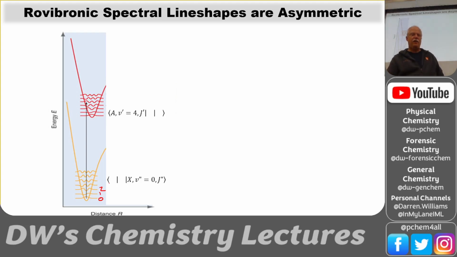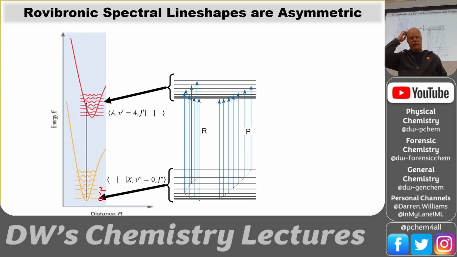And then up here, we have the A state. If we were to go even higher, we'd have B, C, D. So we're just labeling these electronic excitations in alphabetical order. But X is the ground state, and then it starts with A and B and C and so on. It goes up. And then up there, we're hitting, say in this case, the V prime equals 4 level, and we have the J values. So let's look at those J values.